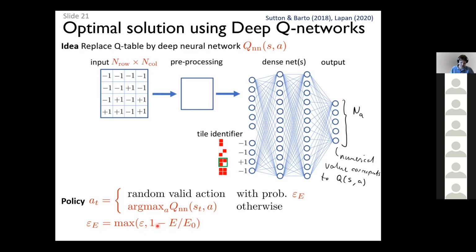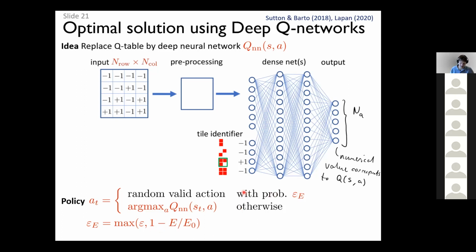So initially epsilon is 1, so we start by just playing randomly, and then when the episode is larger than E naught, we just have the small epsilon, so then we have a more reasonable exploration. So we start with extremely large exploration and then decline it in this deep Q network algorithm.